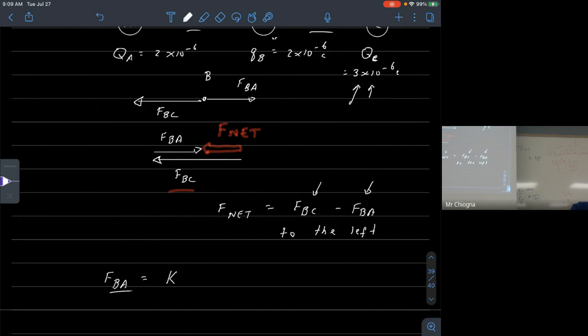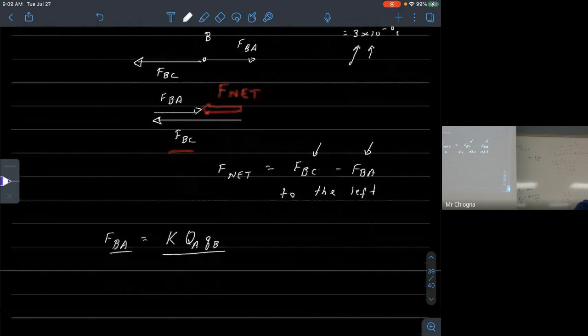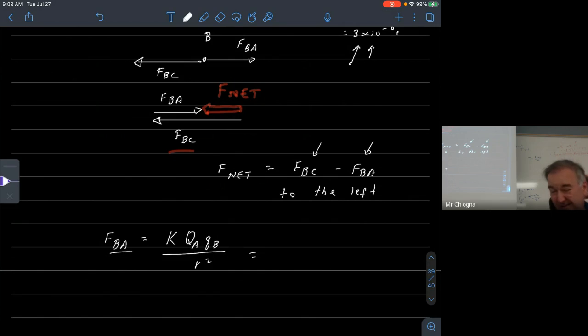Just follow the subscripts. If it's BA, the order doesn't matter as long as they're both A and B. I'm just going to put R squared. It's the same distance between all three charges. Okay, so QA is 2, and B is 2.